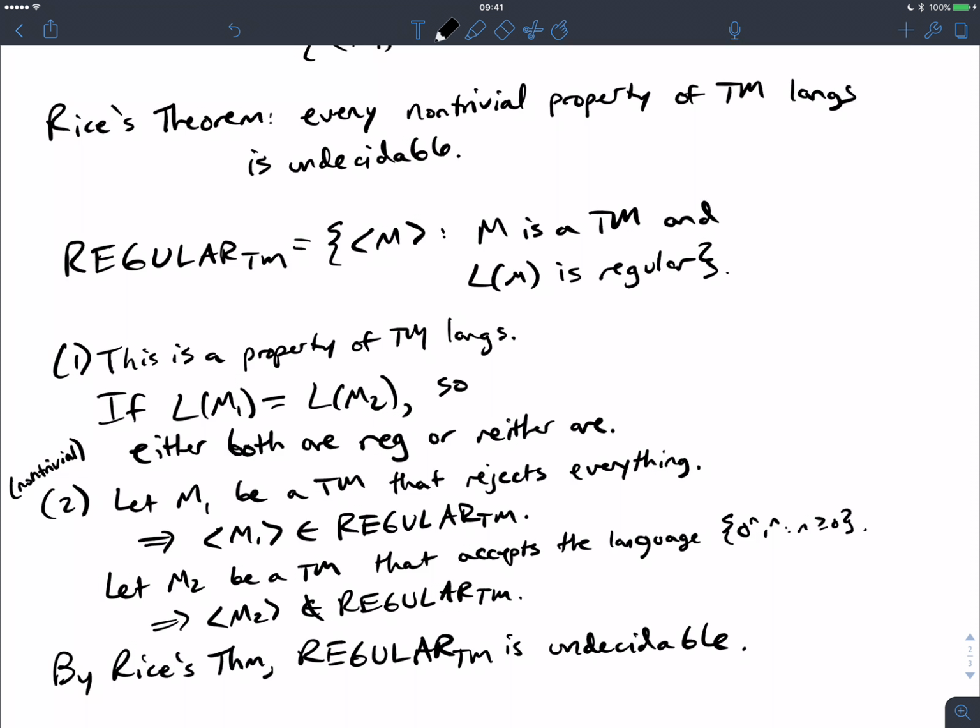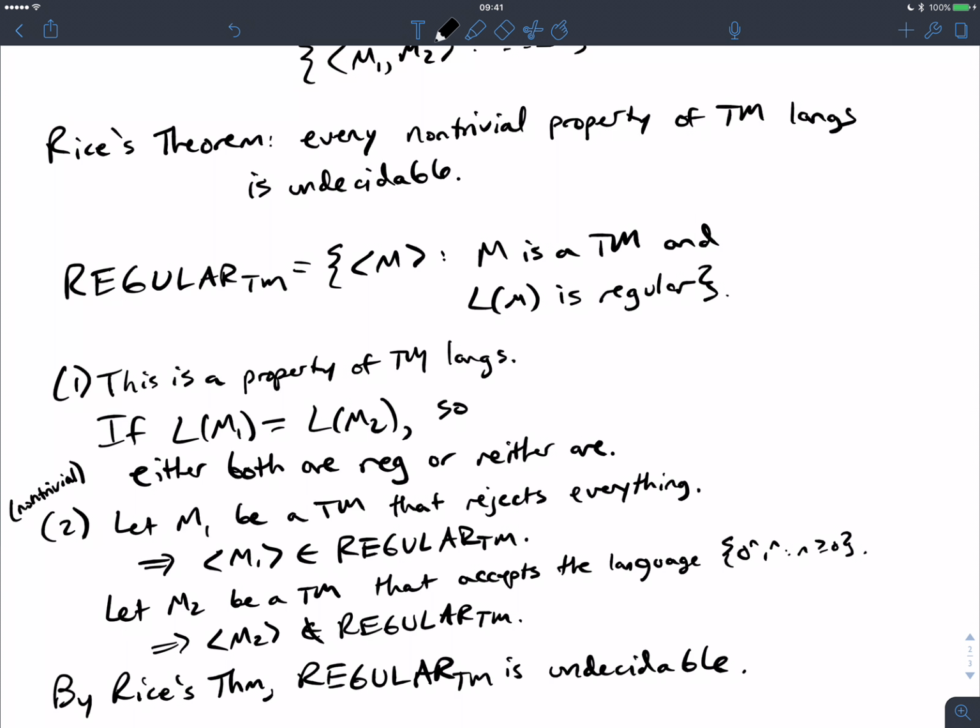Okay. And how does that prove the regular? So in the proof of Rice's theorem, we're going to be using a reduction from ATM. And what is going to go on behind the scenes is that we're going to have the machine that we build inside behave like one of the machines that's in the property. Then if M accepts W, it behaves like the other one.